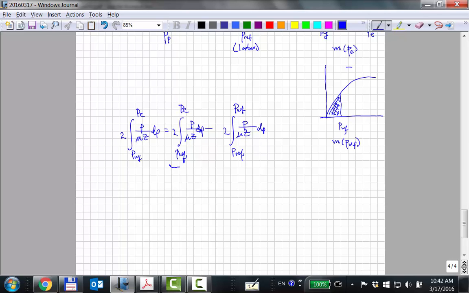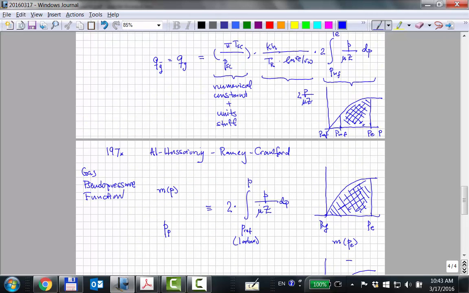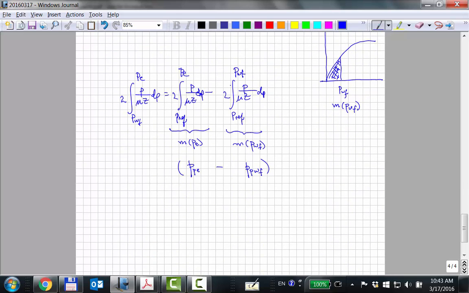But this we call either M of PE, or in today's literature, we call it pseudopressure E. And this is M of PWF, or what we today call pseudopressure at WF. So we can write, instead of this integral up here, we can just write it as pseudopressure external minus pseudopressure PWF.